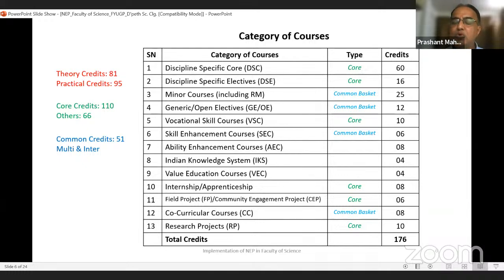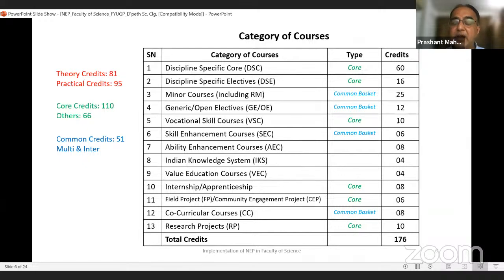The minor of the student will be known to the student and the faculty only in the third semester. Whereas we are offering 2 open electives in the first semester, and 2 open electives in the second semester. A skill enhancement course we are offering in the first semester, and a skill enhancement course in the second semester also.